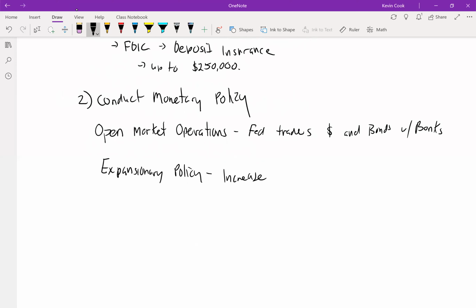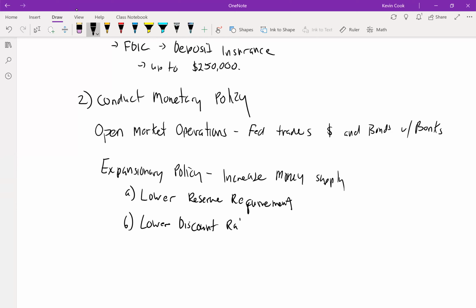And the tools the Federal Reserve had to do this is they can lower your reserve requirement. Because if you have a lower reserve requirement, then there is more money that can be loaned out. The second thing they can do is lower the discount rate.